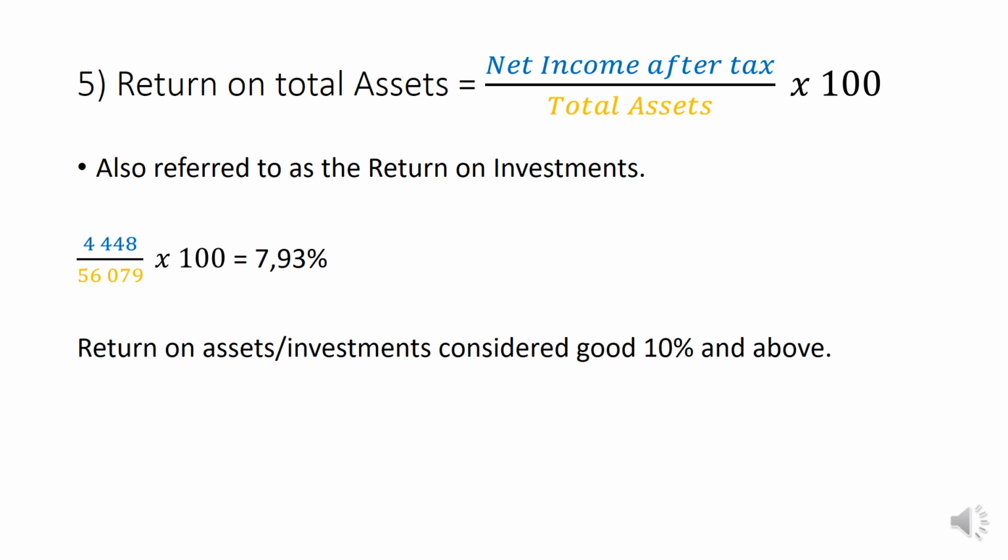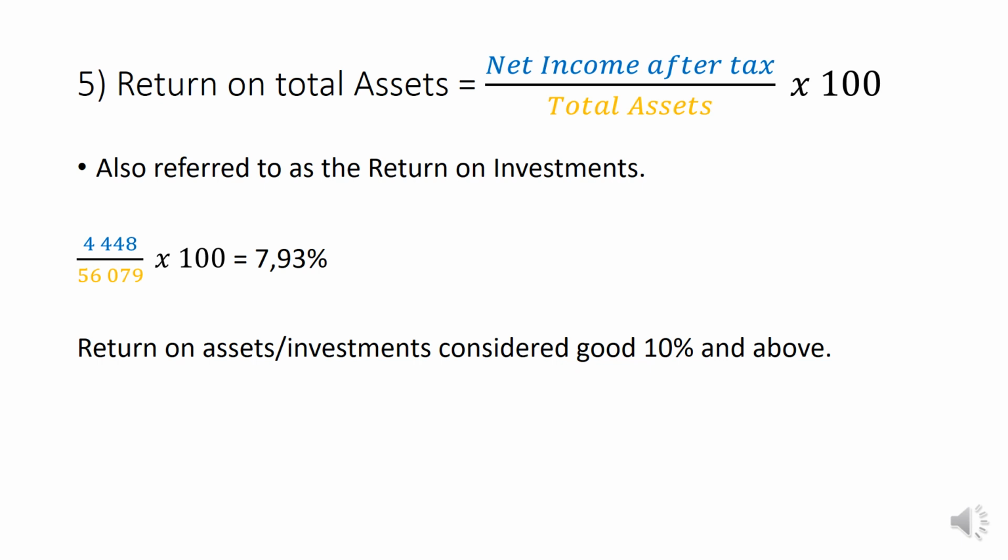I showed you that we get the net income after tax way at the bottom of the statement of comprehensive income, and the total assets come from our statement of financial position. So we get 4,448 for our net income after tax, and 56,079 for our total assets. We multiply this with 100 to get a percentage, and we got 7.93, rounded up to 8%.